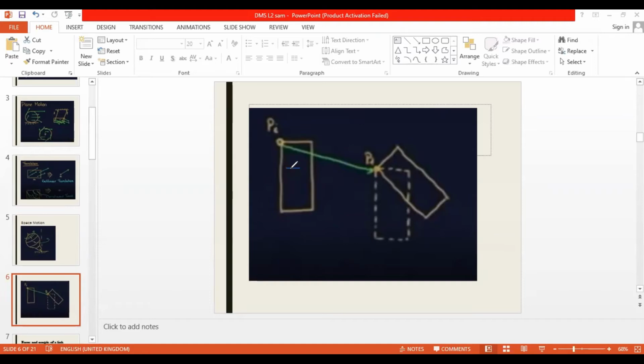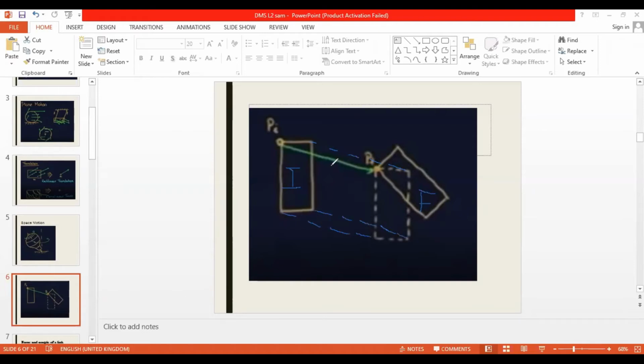This is its initial position and here is its final position, right? So this is the final position. What actually happened is the object is moved to this position in a straight line, right? You can move it. Similarly, this end would become here and this end will go there.